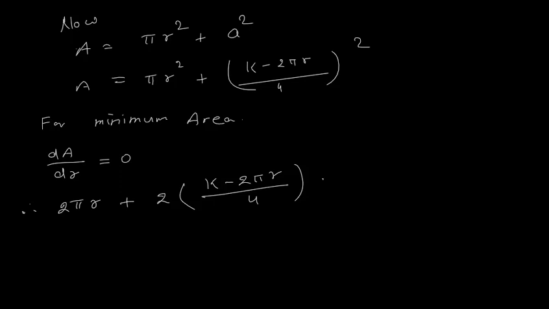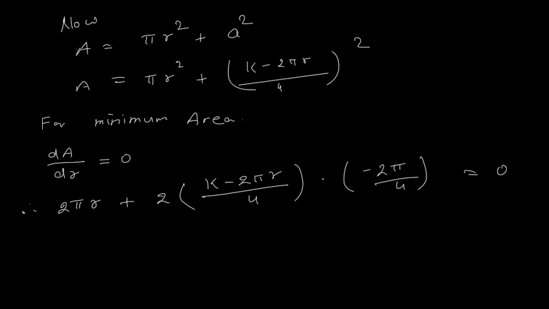Now k is constant, so its derivative is 0, and for 2 pi r the derivative is 2 pi. So here I have minus 2 pi upon 4, this is a constant term, and derivative of r is 1. This will be equal to 0.